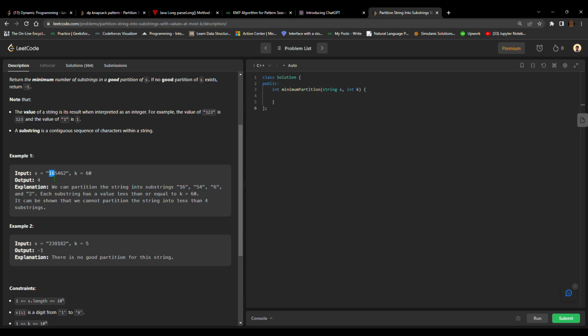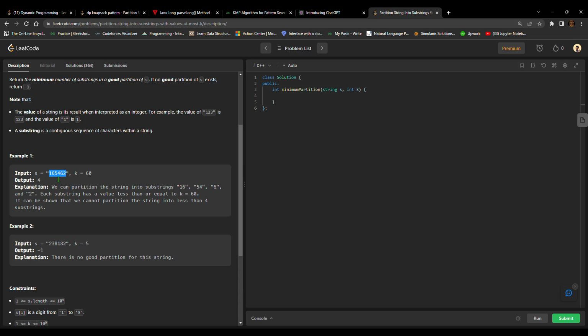If I had included 165, that would have resulted in a number greater than k, so I cannot take 165. If I would have taken 1, that is a valid option, but in that case I would take 1 separately, 6 separately, 5 separately, 4 separately, 6 again separately, and 2 again separately. That would result in a greater number of partitions.